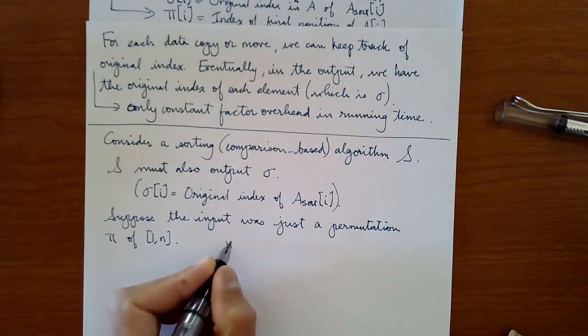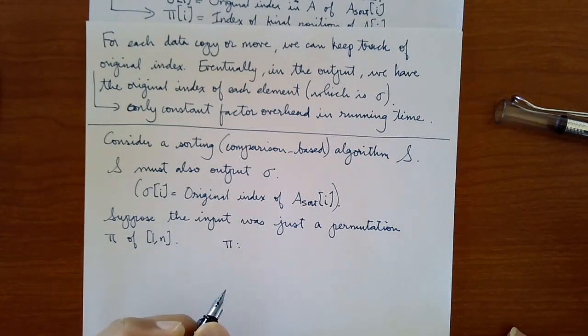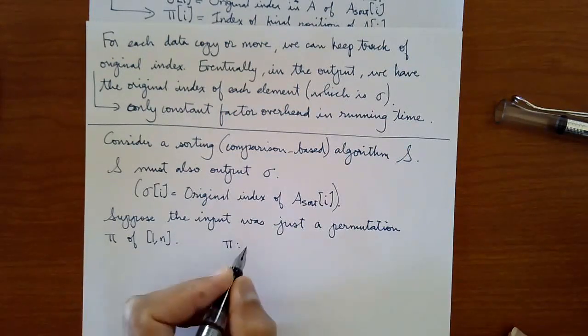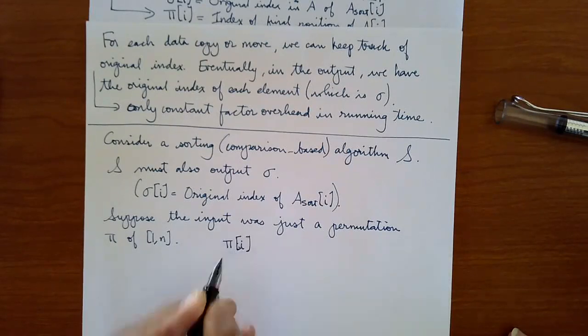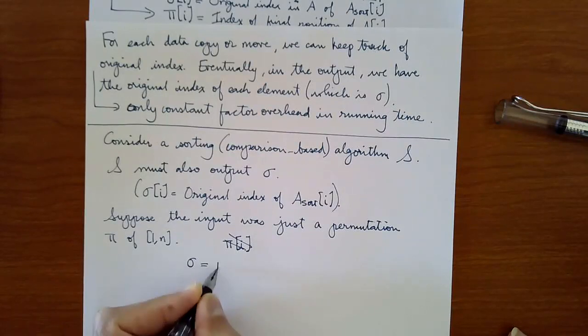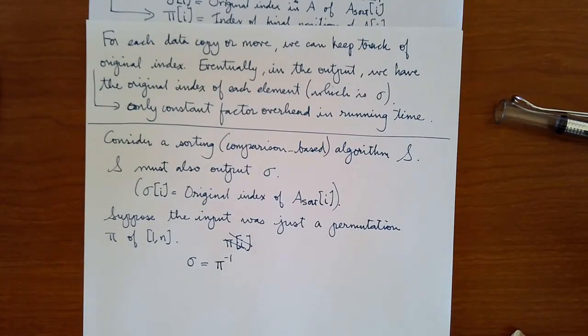So pi is essentially a permutation, right? And so if you think about what pi of I is, as we discussed before, sigma is going to be pi inverse. Formally speaking, what do I mean?